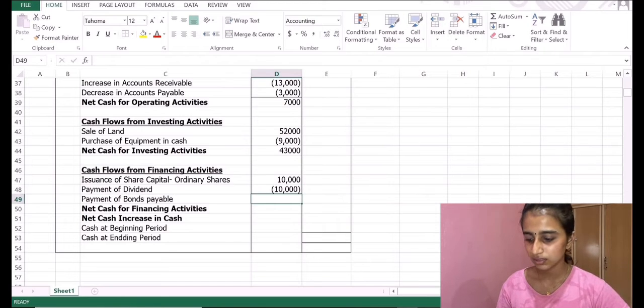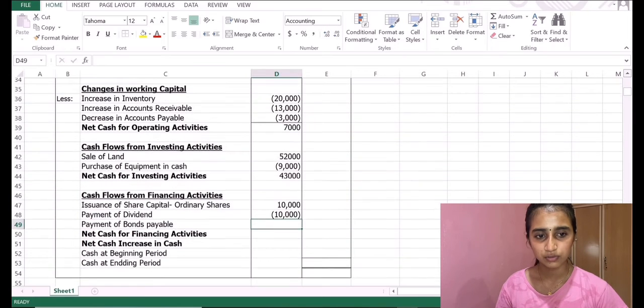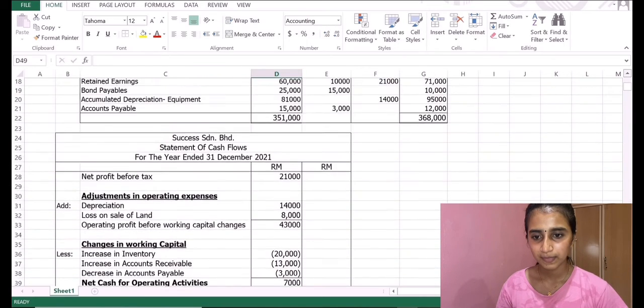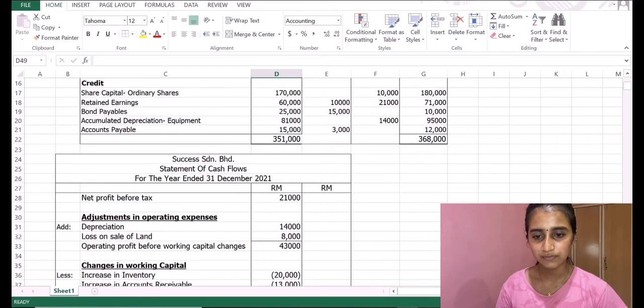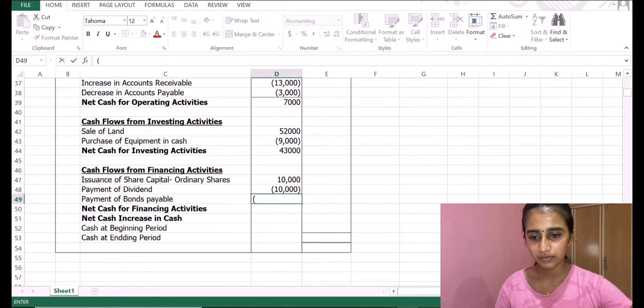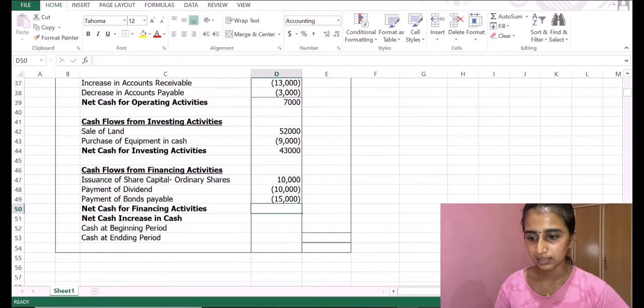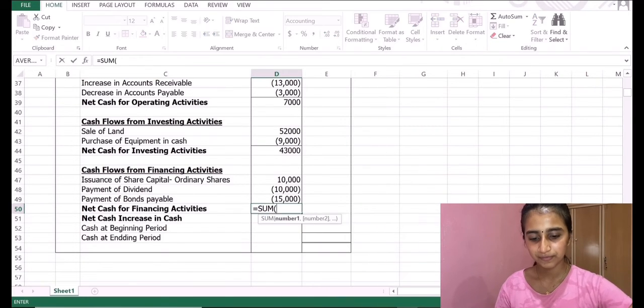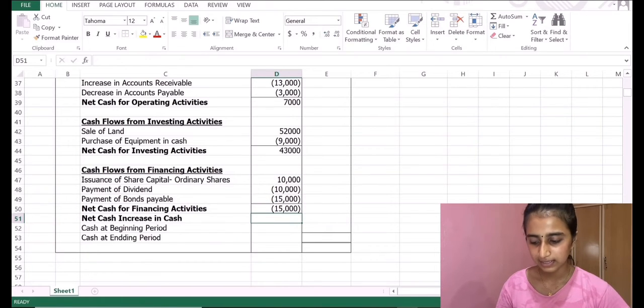Then for payment of bonds payable, also if we refer to the worksheet, bond payable is 15,000, so minus 15,000, because we are paying. Then for net cash from financing activities, we sum up, and we get negative 15,000.